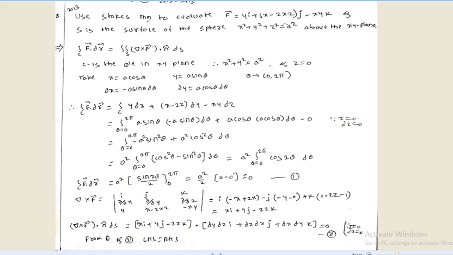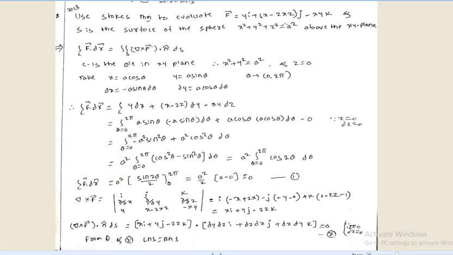Then similarly x and z, so x is a cos theta and z is 0, and dy is a cos theta d theta. The last one is xy dz, so here z equal to 0, which means dz is also 0, so the last term becomes 0. So using only y dx and x minus 2z dy.